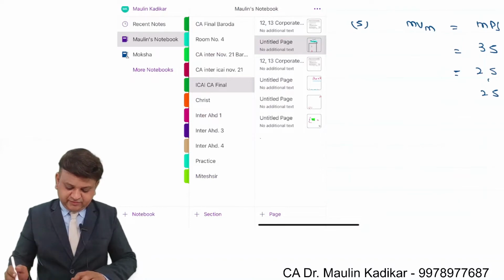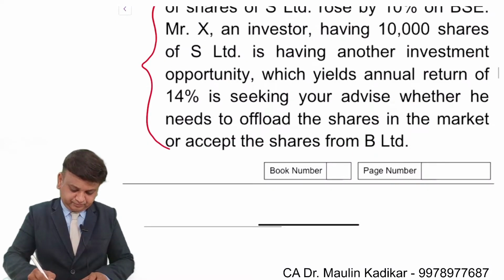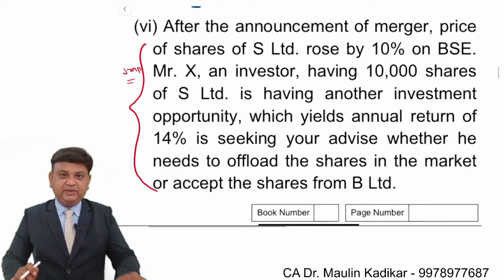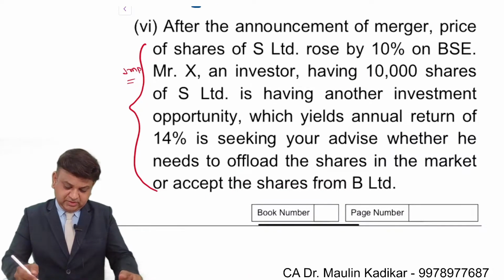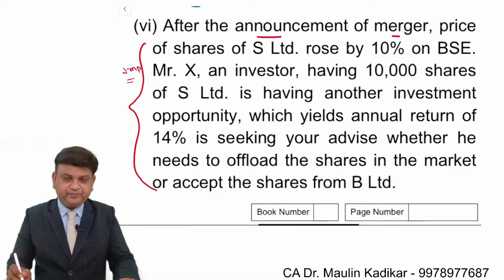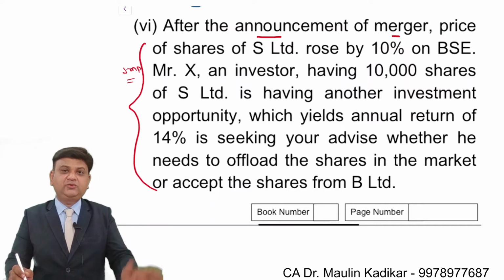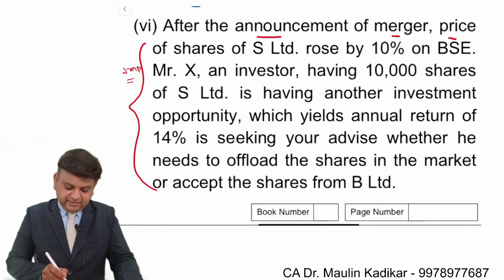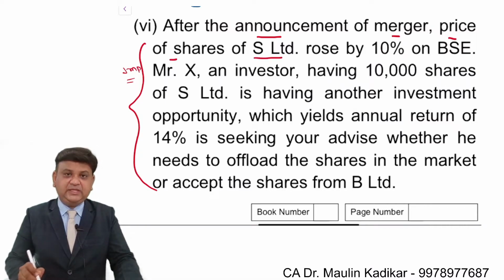Now the sixth part of the question is important. I need to explain this to you. Everybody is requested to pay attention. After announcement of the merger, soon after there is news in the market that B Ltd is going to take over S Ltd, the price of the shares of the target company, that is S Ltd, rose by 10% on Bombay Stock Exchange.